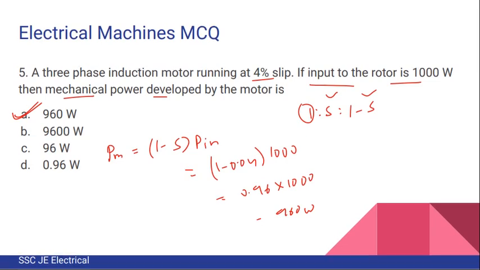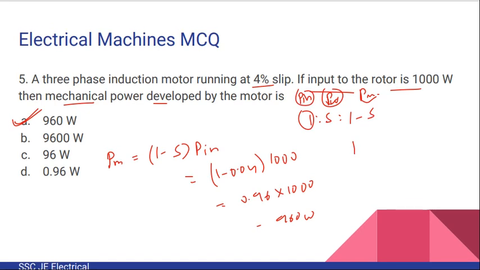The first one is regarding input power, this is regarding copper losses, and this is regarding mechanical power developed. For the same question, if they ask for the copper losses, what do you have to do? S into input, this is the copper losses portion. For mechanical power out we did Pm by P input equals 1 minus S by 1.